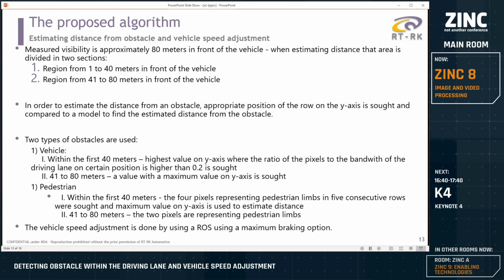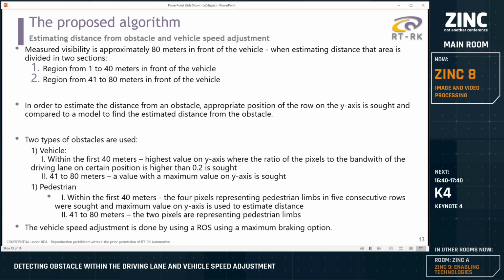When we have a vehicle, we just search for the highest value on the y-axis where the ratio of the pixels to the bandwidth of the driving lane is higher than 0.2, and then we apply the model to find a distance. When we have a car which is further from us, we just search for a maximum value on the y-axis.